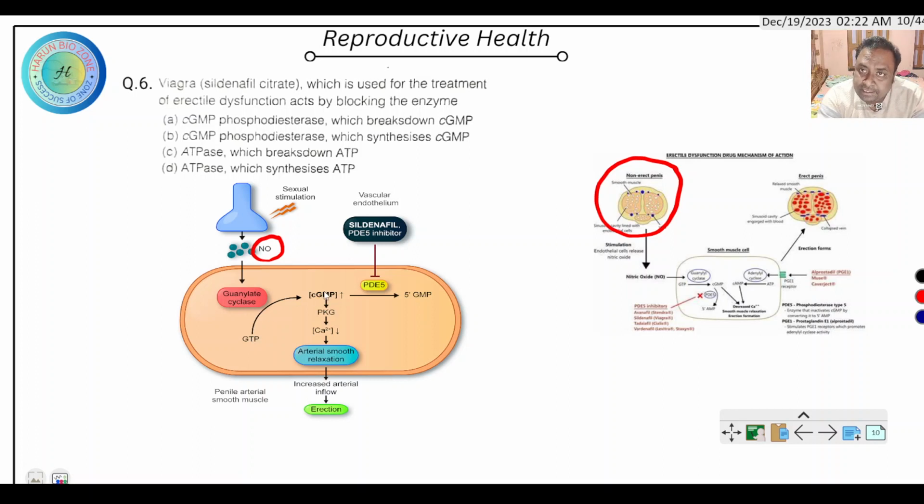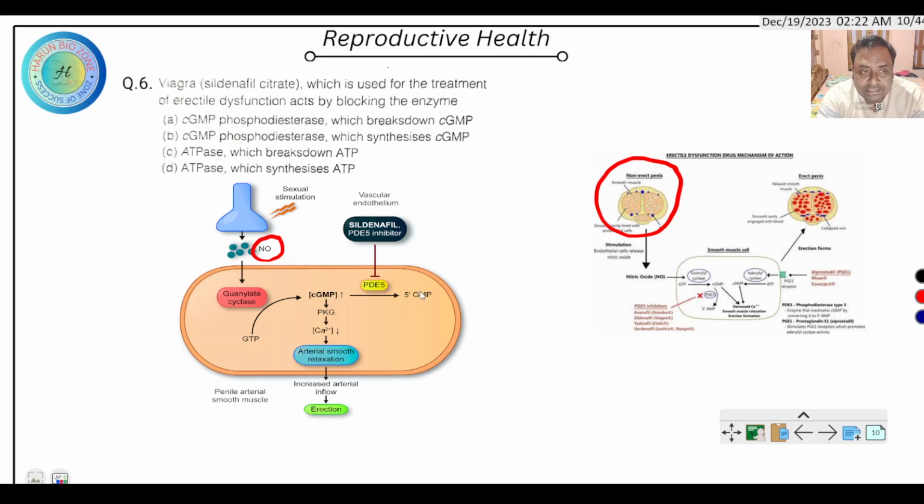During erectile dysfunction, the cyclic GMP, with the help of phosphodiesterase 5 enzyme, breaks down into guanosyl monophosphate.